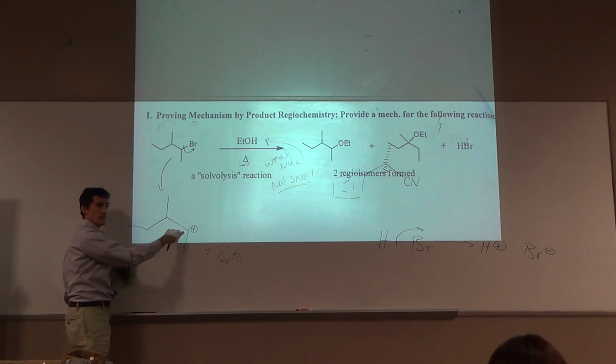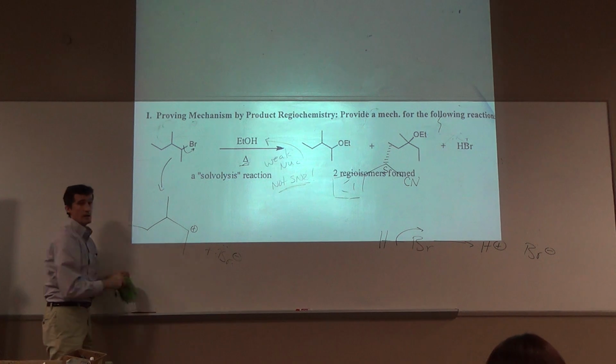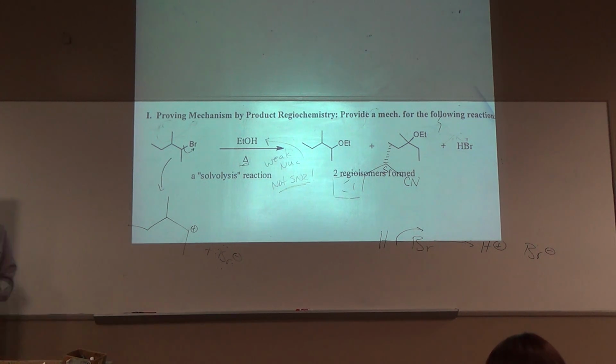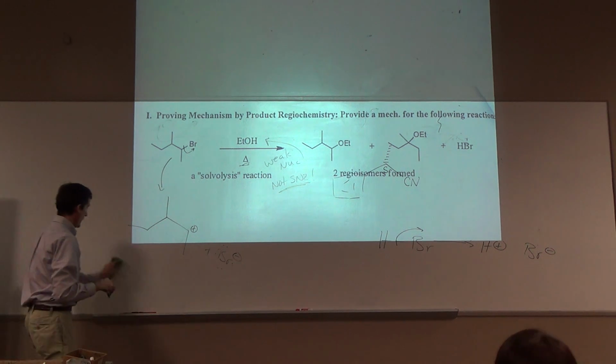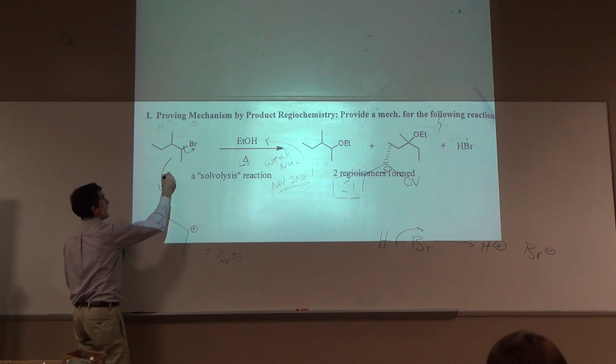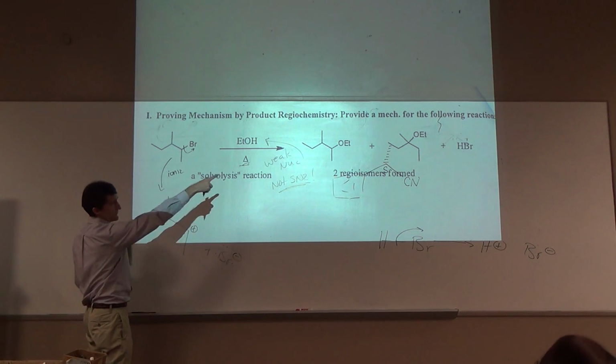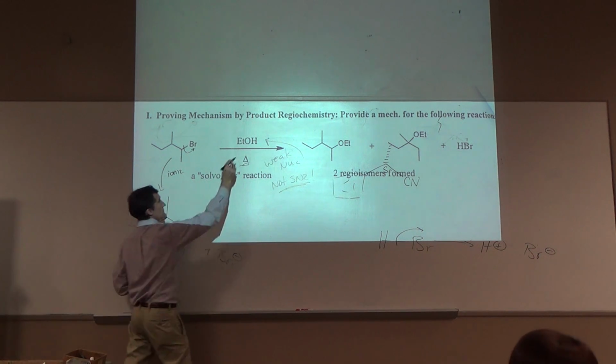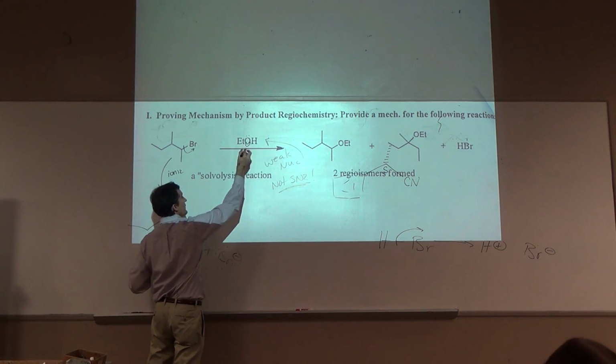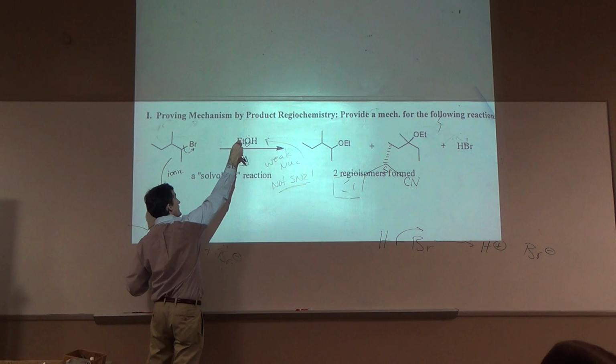What type of cation did we make? Secondary. Secondaries are reasonable. I wouldn't make a primary cation. Ionization. What happens then? How do we get the first product? Ethanol. See, ethanol's weak.